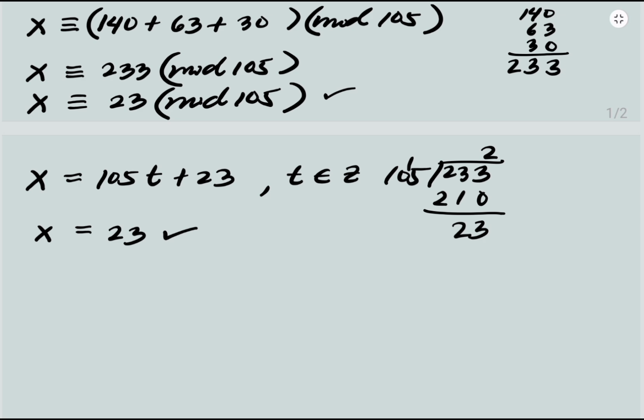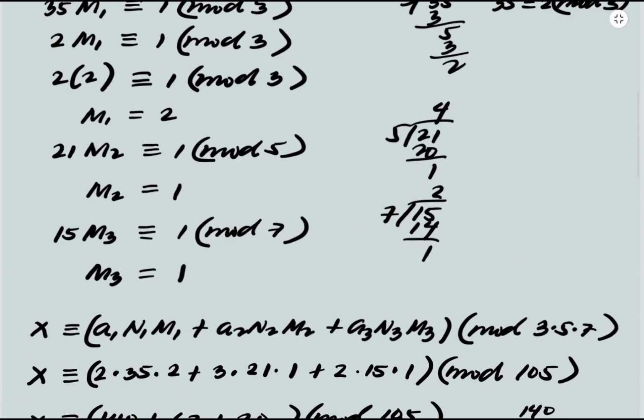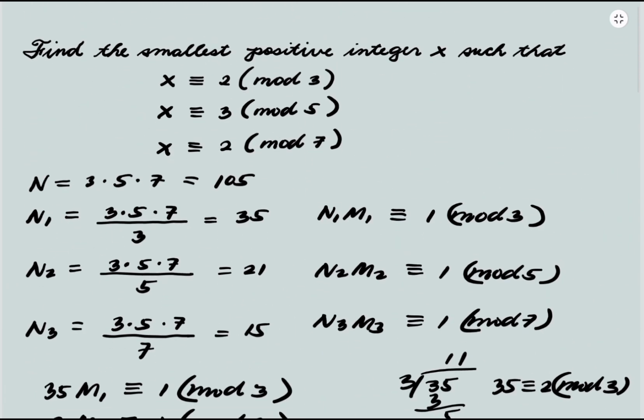Let us verify our answer. Let us check each congruence. The first congruence is this one. If x is 23, 23 divided by 3, the remainder is 2, right? Because 23 divided by 3, that is 7, 21, yeah, the remainder is 2.